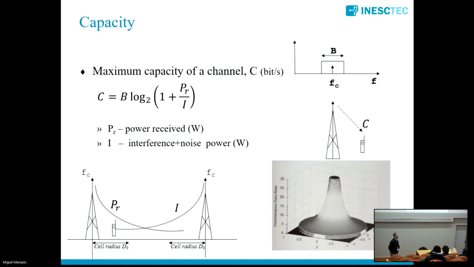Now regarding bit rate, you know, communications is most of the time about very high bit rates, and the capacity of the medium, the amount of bits that we can transmit, can be defined by a well-known formula, that is Shannon's law, that says that the number of bits that we can transmit per second by a given transmitter depends very much, first of all, on channel bandwidth.